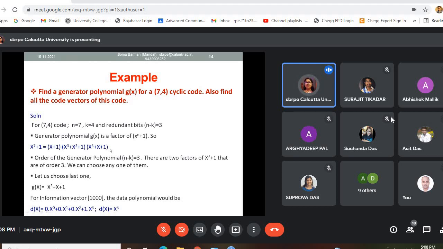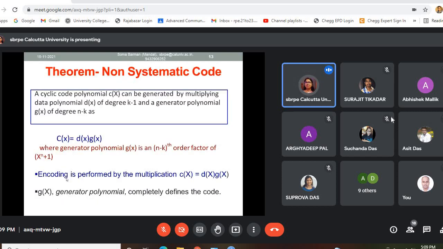Now what should be the degree of g(x)? The degree of g(x) should be n minus k, that is 3. As I have already mentioned, the generator polynomial g(x) is the n minus kth order factor of x to the power n plus 1.